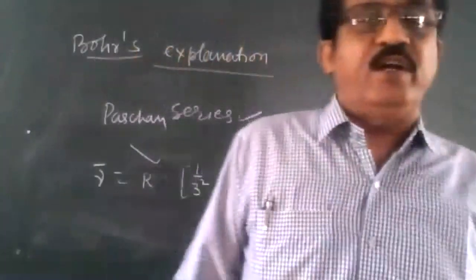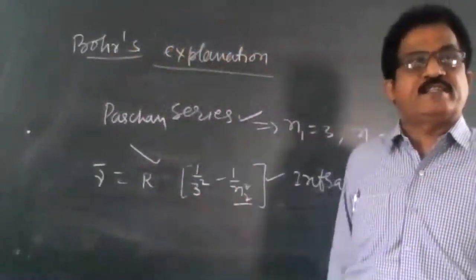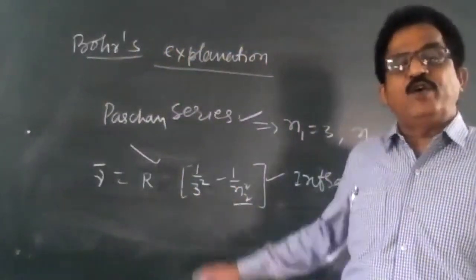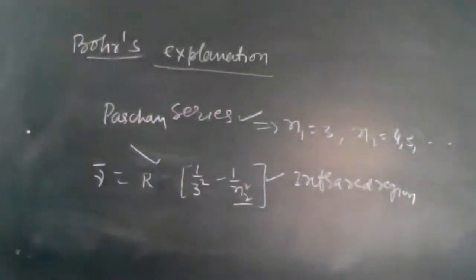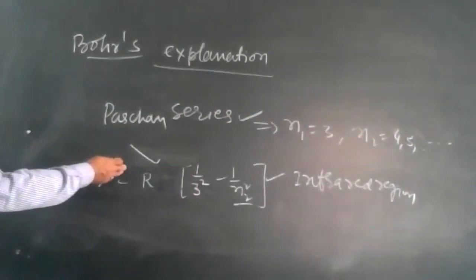So here, my dear children, it's a very simple process. I know very well that you have learned the same thing in 11th class chemistry. Bohr predicted 2 more series.